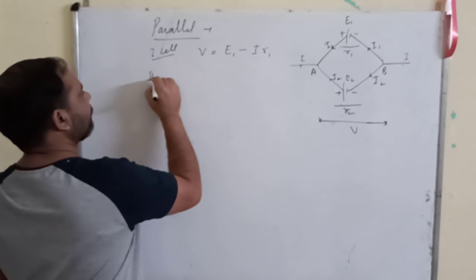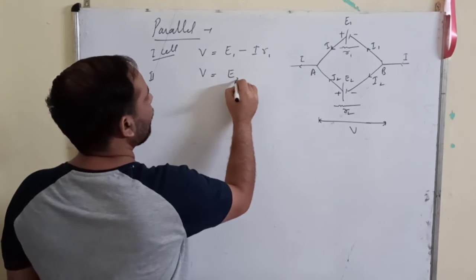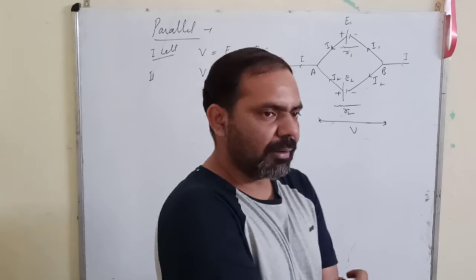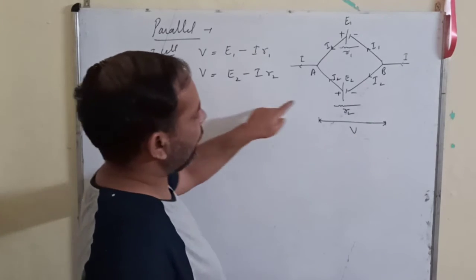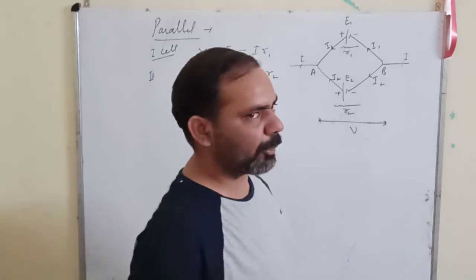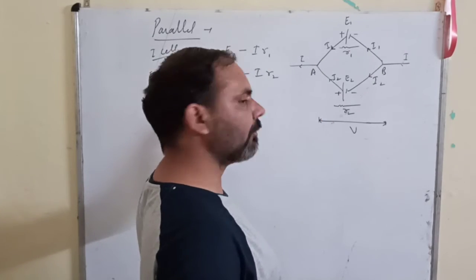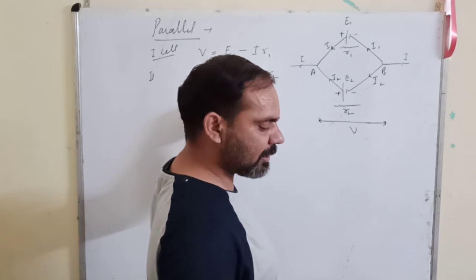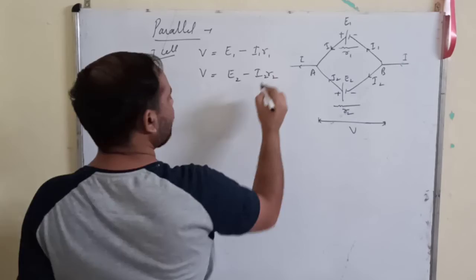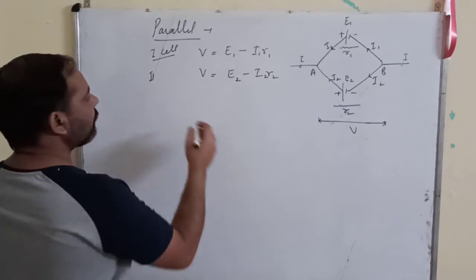Now second cell, V is equal to E2 minus IR2. Since the second cell is also connected between the same points A and B, the terminal potential difference of the second cell is again V and is equal to E2 minus I2R2. For the first cell we have written I1, so E1 minus I1R1 and E2 minus I2R2.